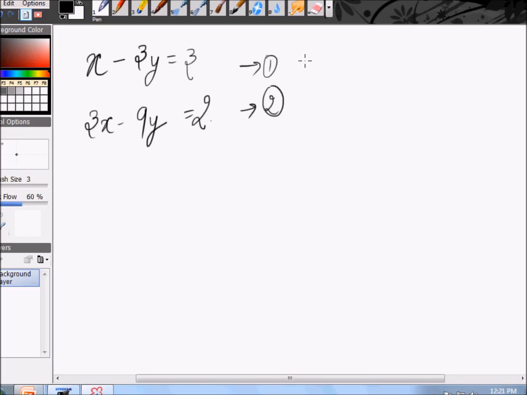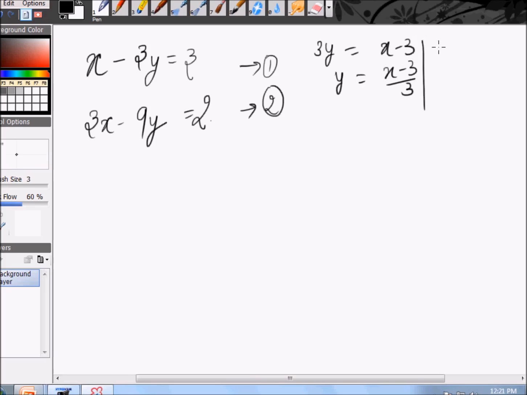Now, in this equation, if y is to be represented in the form of x, then it can be done as 3y equals x minus 3, which gives us y equals (x minus 3) over 3.